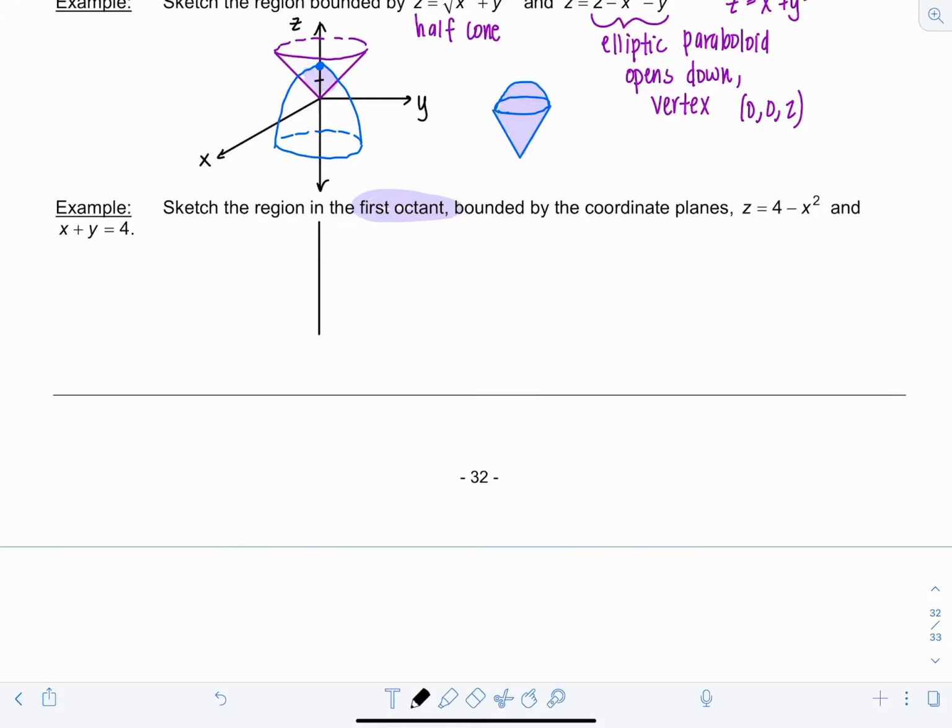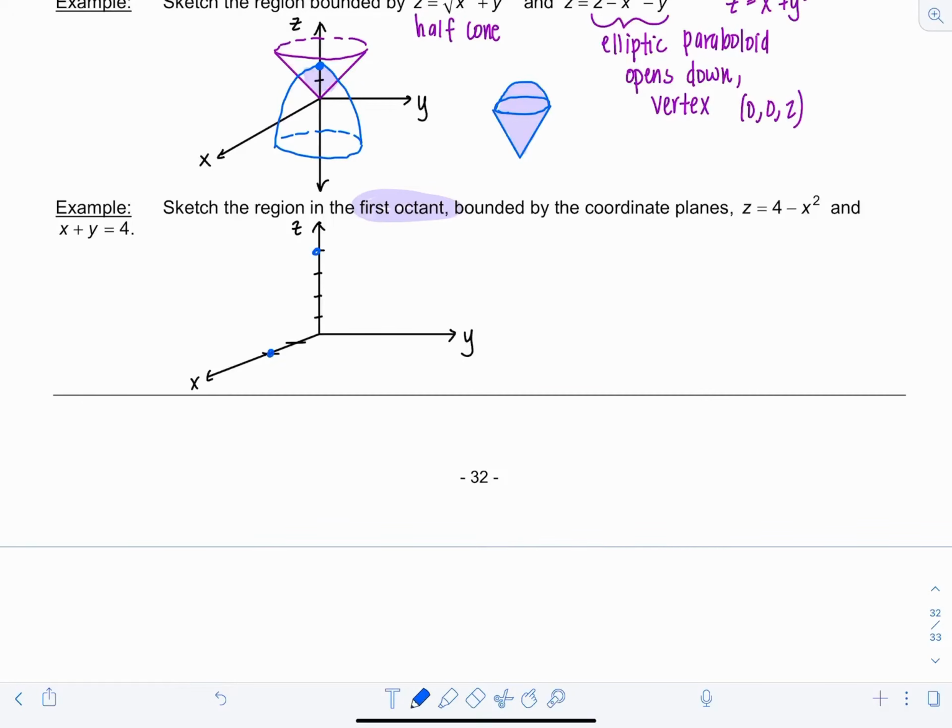So I'm just going to do positive z-axis, positive x-axis, positive y-axis. And we're bounded by the coordinate planes. Okay, that forces us to be in the first octant. I have z equals 4 minus x squared. So that's a parabola that's opening downward in the xz plane. That's 4. It's going to hit the x-axis here at 2.